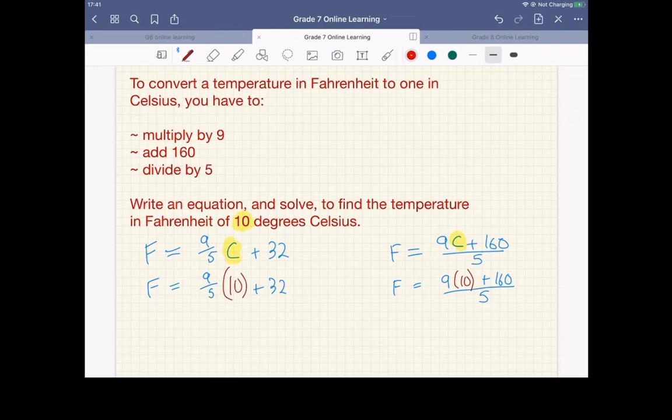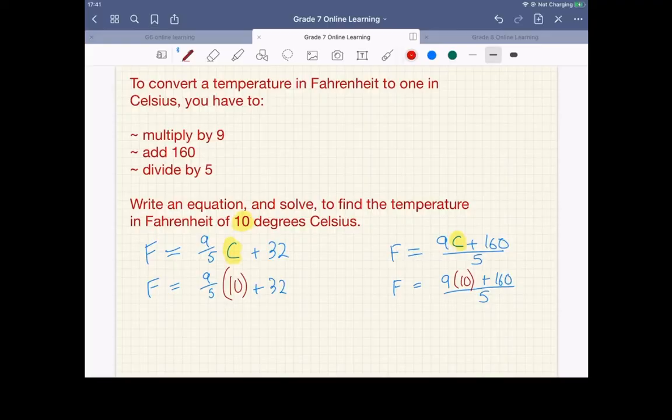Again, this is where our calculators are going to come in handy. Please check your answer with a calculator or just use your calculator. It's very frustrating if you know the right maths, but you make a mistake when you could have used your calculator to catch the error. So in the first way, we can see 9 over 5 times 10 becomes 16, again, use your calculator, plus 32.